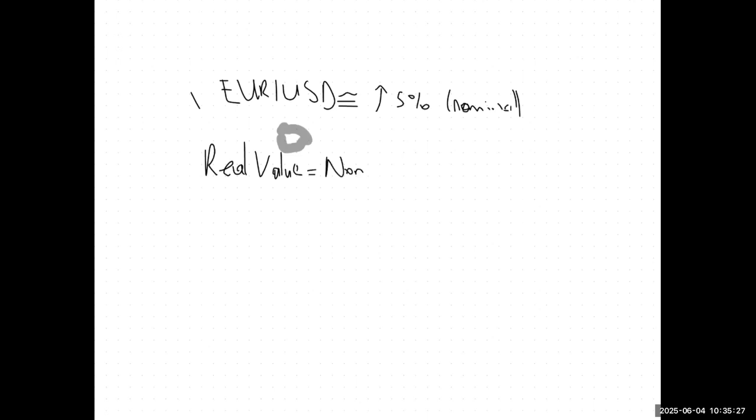Please don't move your mouse on the screen. Nominal minus inflation is my real return. So if I put my money in the Euro USD parity, what is my nominal return? It is approximately 5%, right? What is the inflation in the euro area?